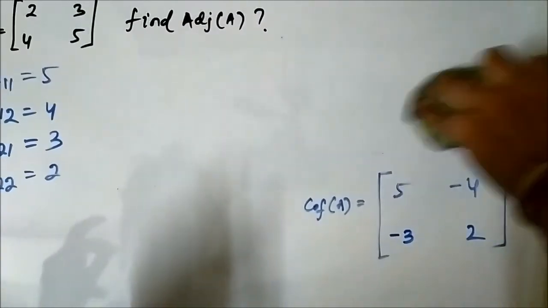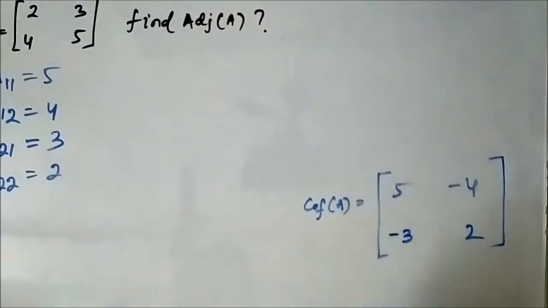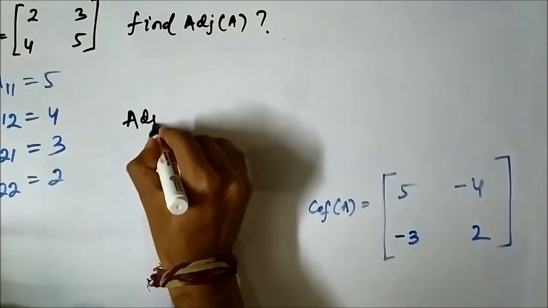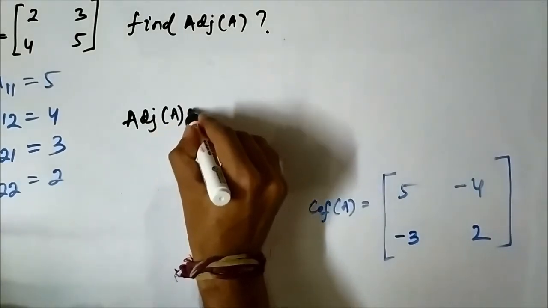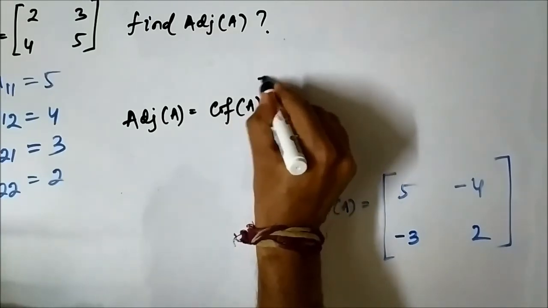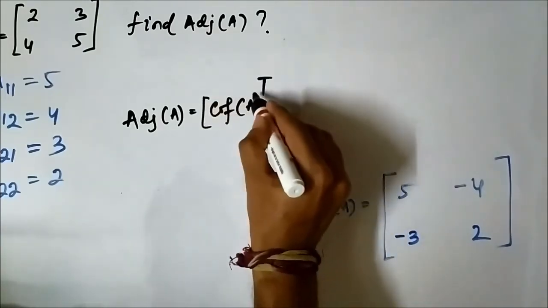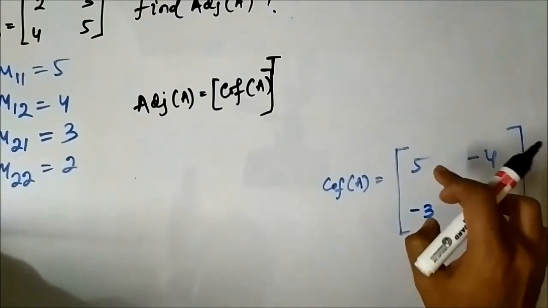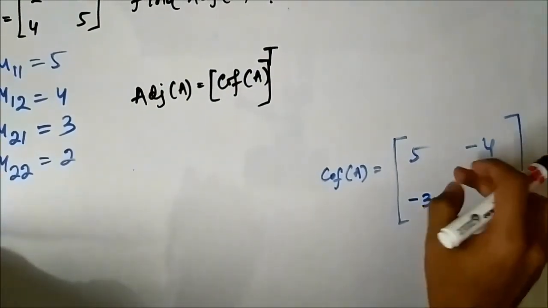Now we have to determine the adjoint of A. The adjoint is the transpose of the cofactor matrix. So we have to determine the transpose of this cofactor matrix.